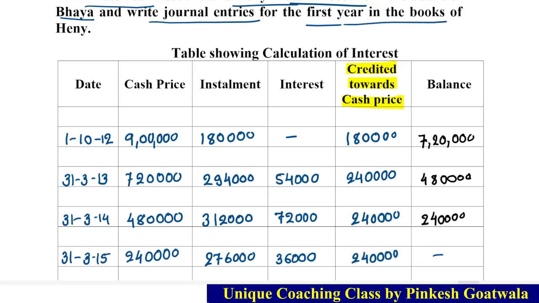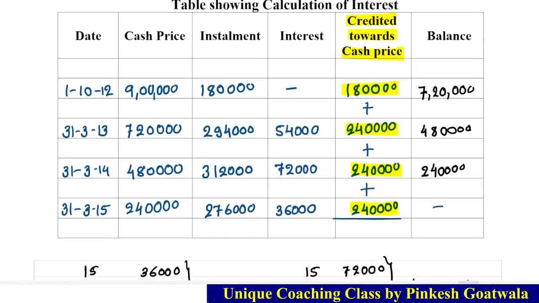Now remember one thing, whatever amounts come here, 180, 240, 240, 240, if you total them, the total is always equal to the cash price.